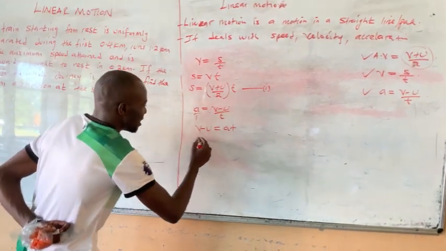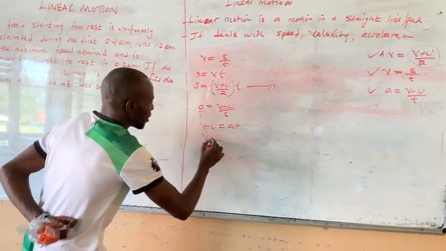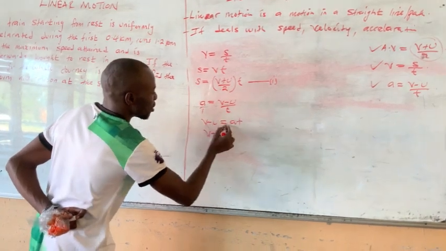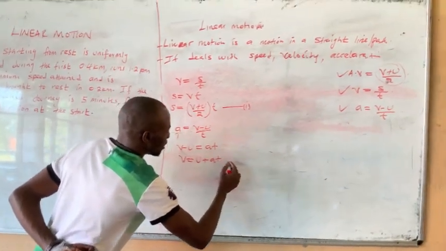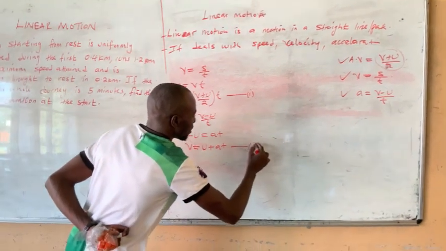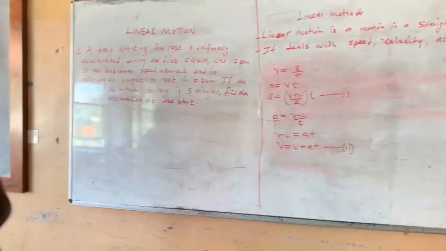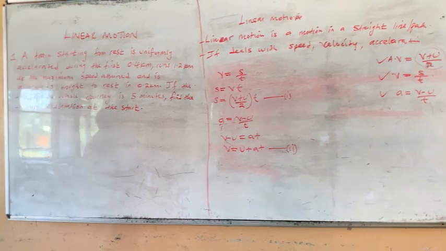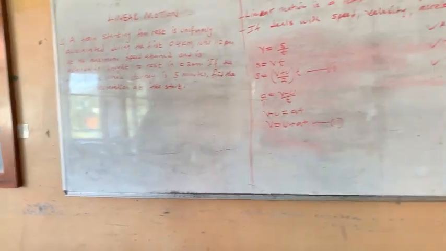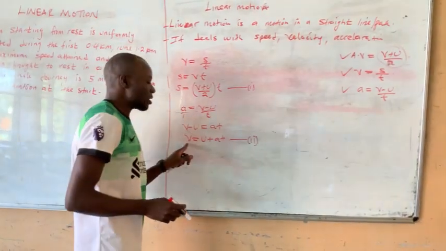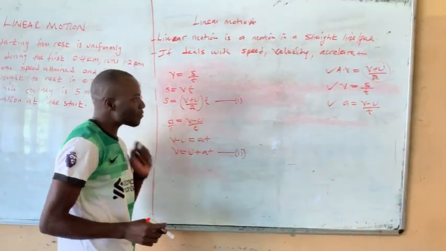In this equation v is equal to, when u goes to the other side, u plus at. This is one of the equations of linear motion. So we have two here.